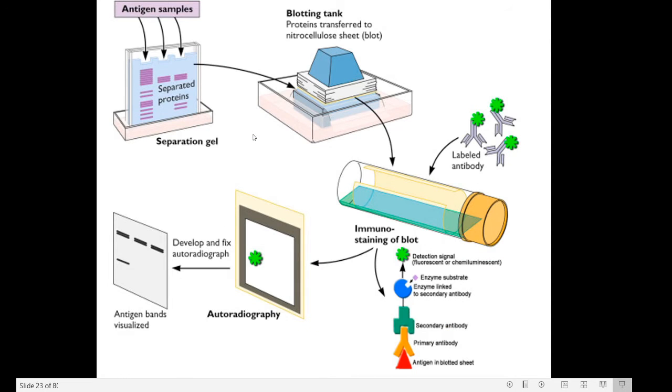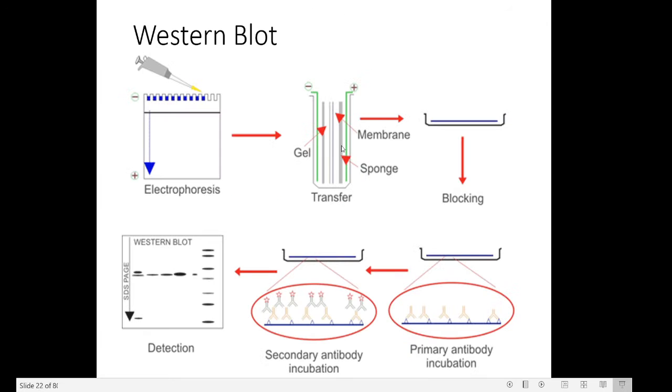Once again, I will repeat with another image. It's a gel where the proteins, the antigens, are separated. Then we do the blotting. We do the protein transfer to the nitrocellulose membrane. First place the gel, then place the membrane over the gel, then place the sponge.